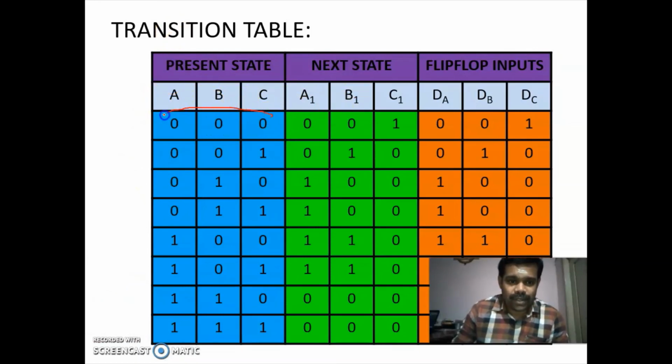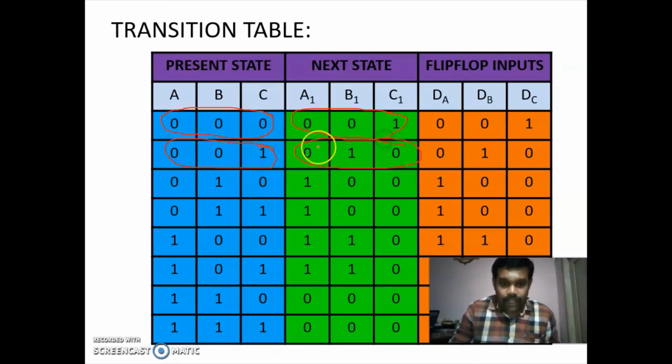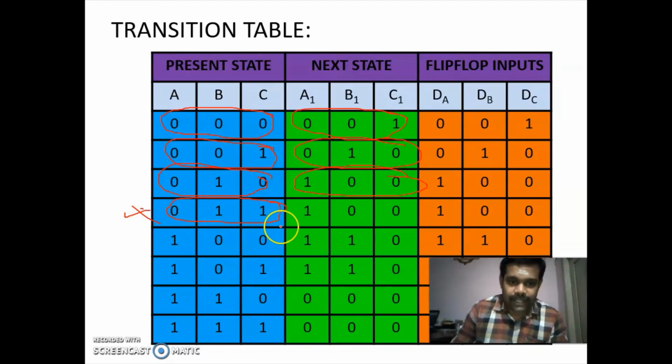So 0 is a present state. From the state diagram, if 0 is a present state, next state is 1. If 1 is a present state, next state is 2. If 2 is a present state, next state is 4. But 3 is an unused state. If our counter is going to 3, then we have to force it to come to 4.